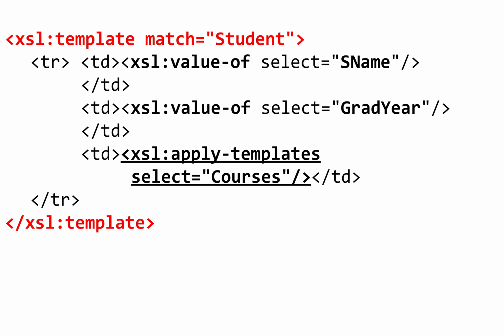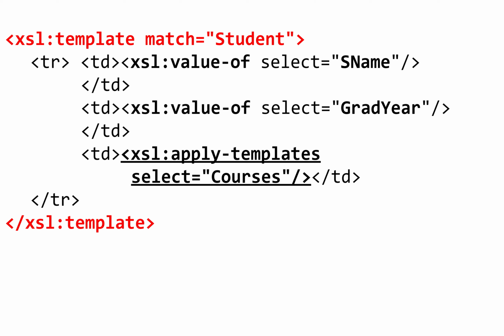There's the opening and closing table row, and inside we have three table data elements, meaning three columns. In the first column, we add the name of the student. In the second, the graduation year. And in the third column, it's not going to be one value.